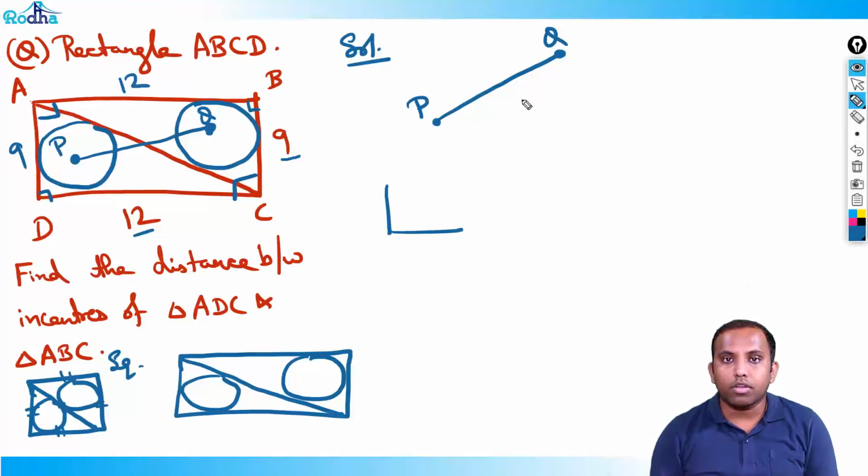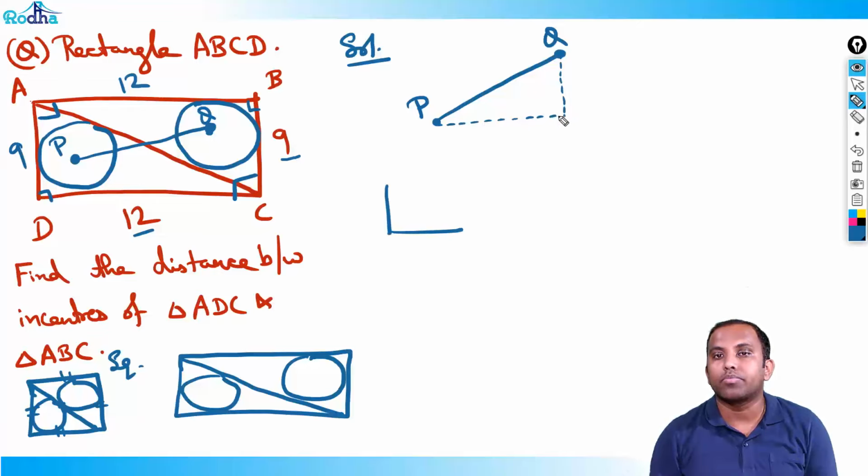I need to find the vertical distance between these two and the horizontal distance between these two, so I need to find this length and this length.